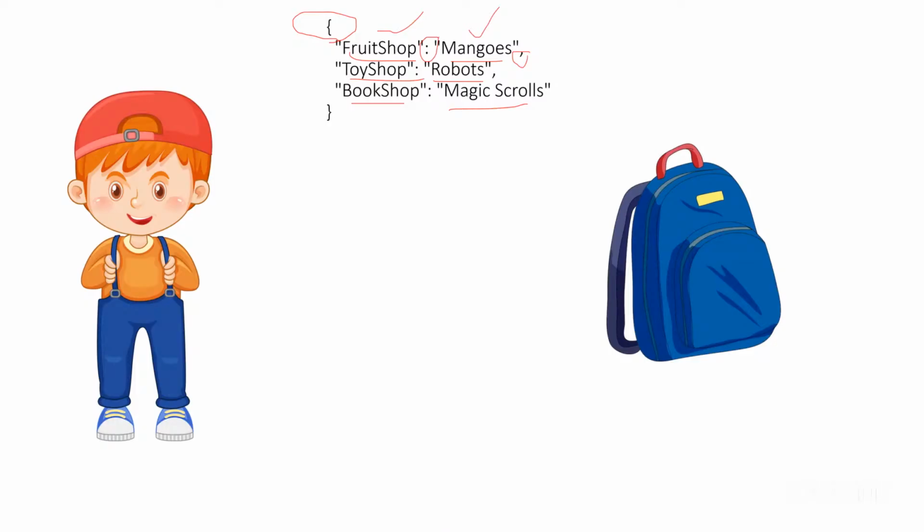And yeah. So in the fruit shop, can we add mangoes, comma, apples, or just one? If you want to store more than one value, what can we use? Here I used a string. If I want to use more than one value, what is the data structure we have?